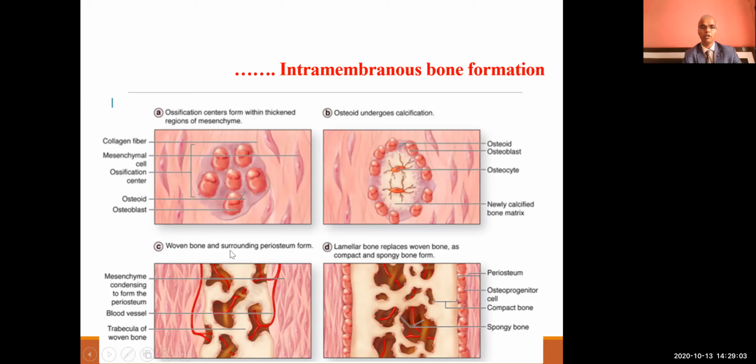Third is woven bone and surrounding periosteum formed. This is mesenchymal condensation to form periosteum, blood vessels, trabecular woven bone, and then the lamellar bones replace the woven bone as compact and spongy. These are structures: outer periosteum, osteoprogenitor cells, compact bone, and spongy bone.